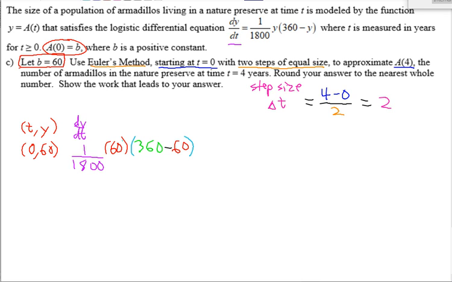So 6, you can knock off those zeros here. 6 goes into 18 3 times, so 6 goes into 180 30 times, so we're left with 30 there. And then 360 minus 60 is 300, and 300 divided by 30 gives you 10.